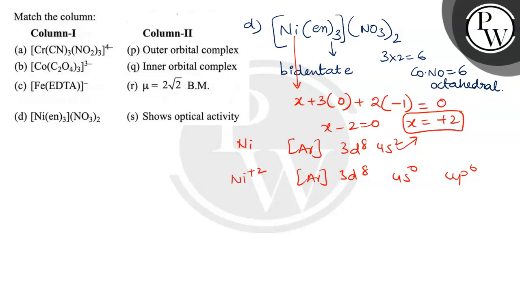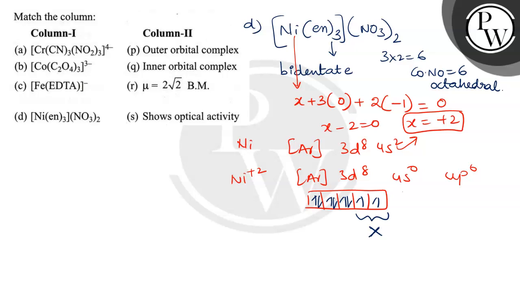Now these d orbitals have 8 electrons: 1, 2, 3, 4, 5, 6, 7 and 8. So it should form 6 bonds. It means it requires 2 d orbitals for this. Even if it is pairing, we are not able to get 2 vacant d orbitals for d2sp3 hybridization.